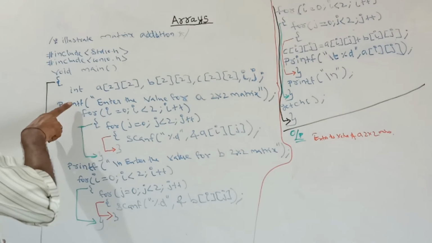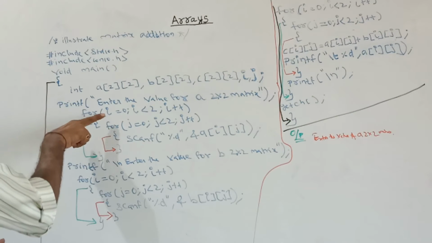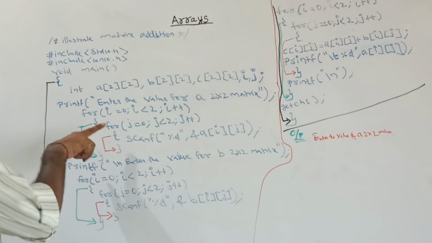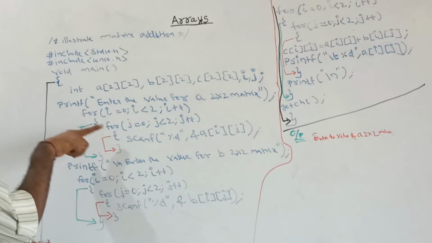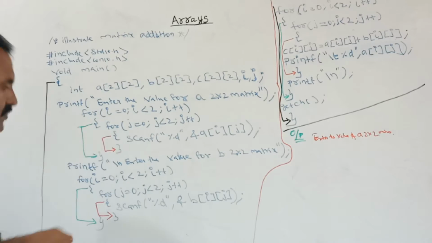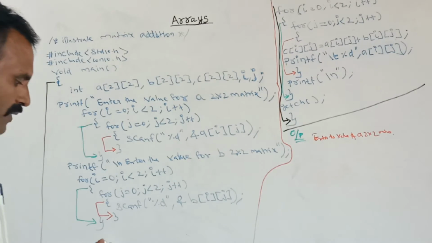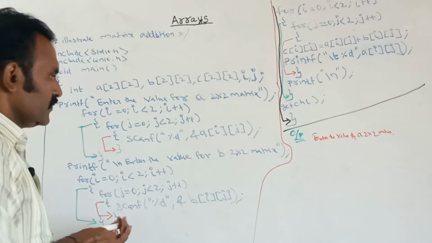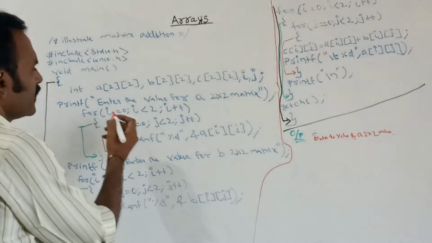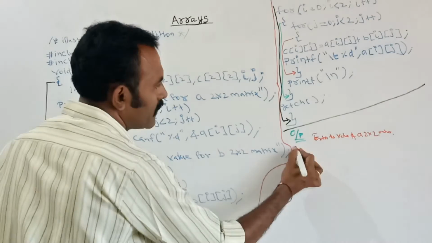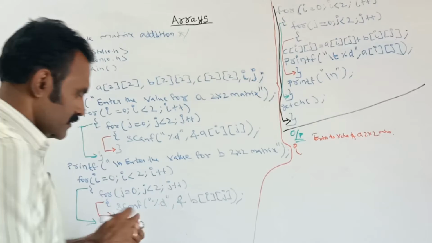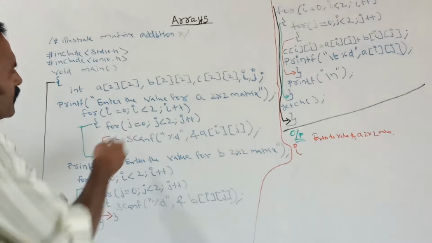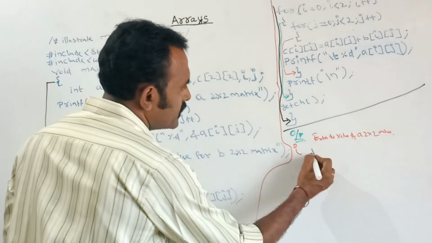So after that, here I am using 2 for loops. Already in the last program we had seen. This is the outer loop, and this one j is used for the inner loop. See, outer loop variable name is I. The inner loop variable is j.